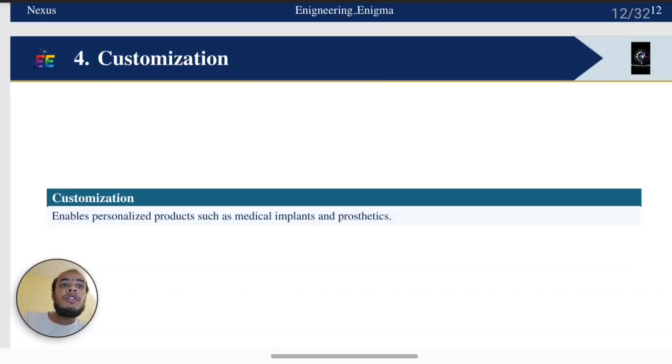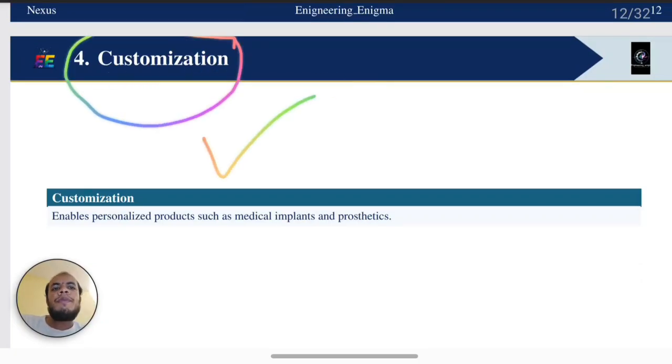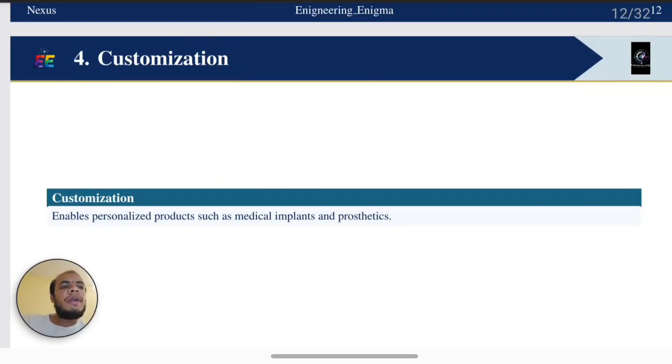So doctors can use 3D printing to create customized implants or prosthetic limbs also. Similarly, companies can create personalized products for consumers. This level of customization is difficult with traditional manufacturing. That is why this is the most important advantage of 3D printing.